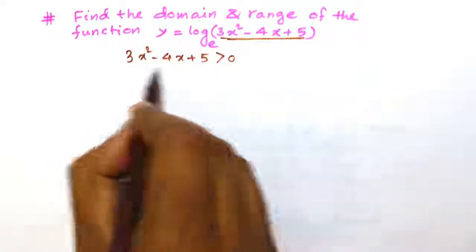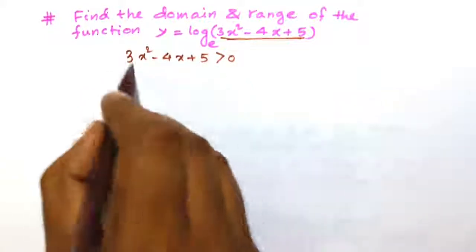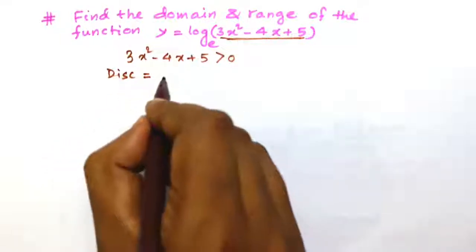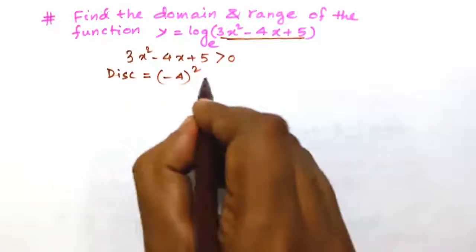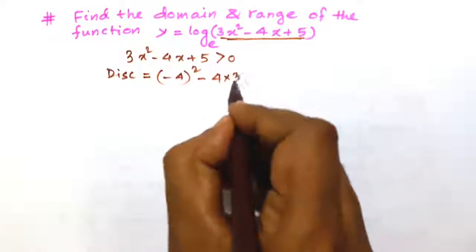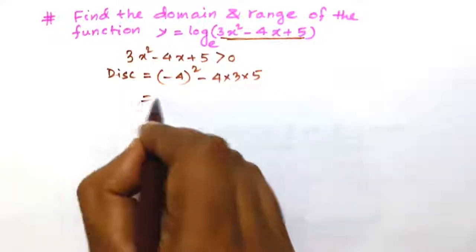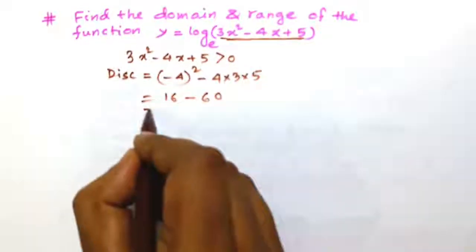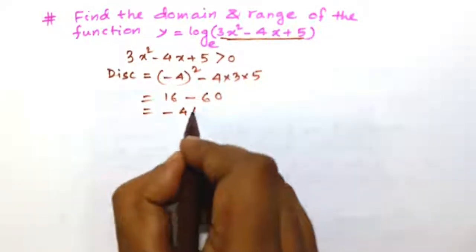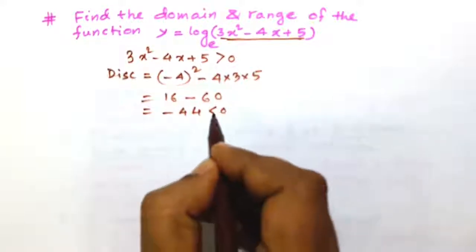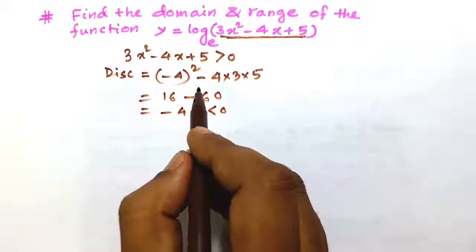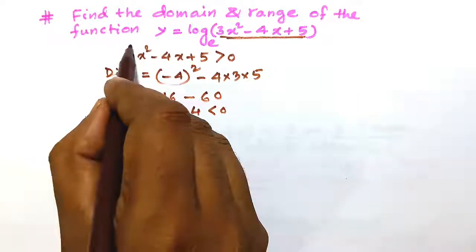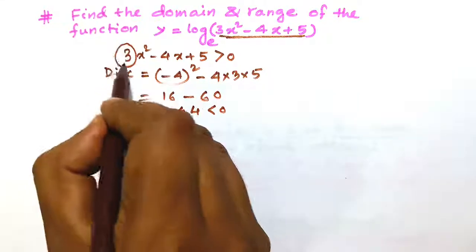Now friends, what is the discriminant of this polynomial? The discriminant is equal to (minus 4) whole square minus 4 into 3 into 5, that is 16 minus 60, which is equal to minus 44, less than 0. Another thing is very important: the leading coefficient of this polynomial is 3, positive.